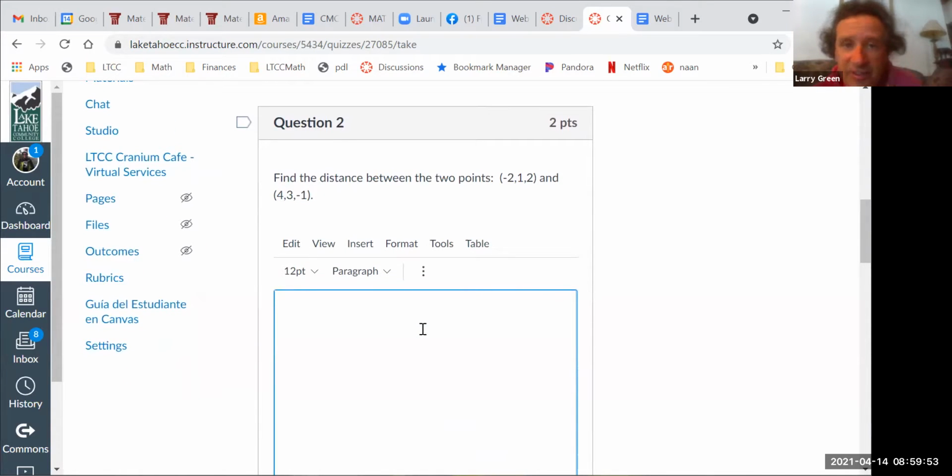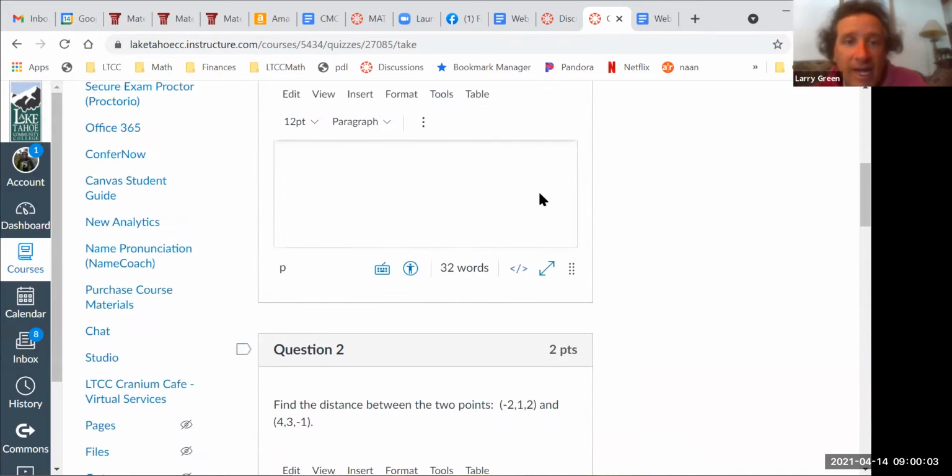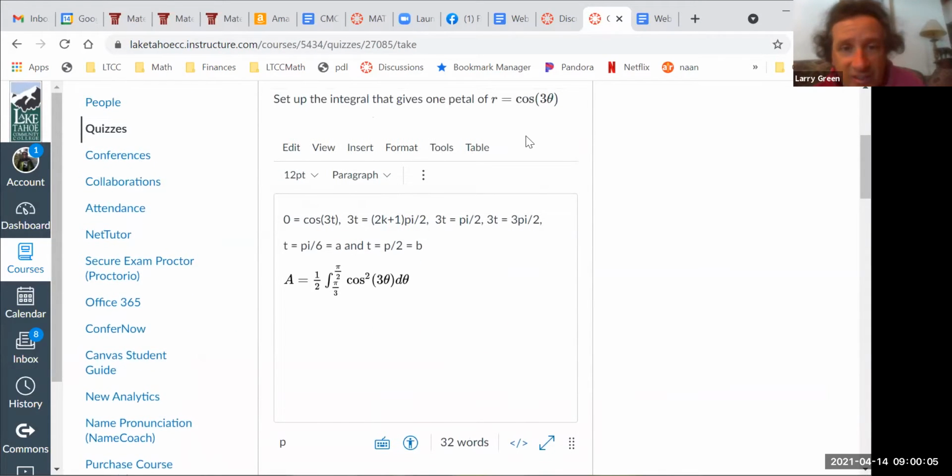Question 2, find the distance between these 2 points. It's kind of an all or nothing question. Either you remember the distance formula or you don't. Could you have used negative pi over 6? You can choose the sequencing of the k's. Had you let k equal -1, let's see if that would work.